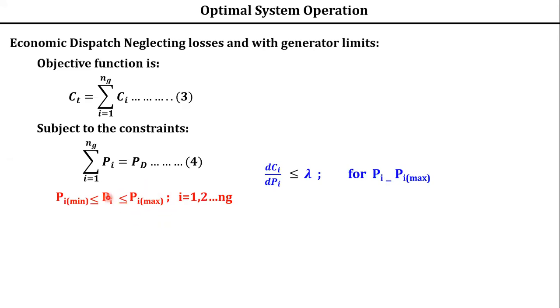Now the calculated value of Pi you got is 110 megawatt. What are you going to do? Pi calculated is 110 megawatt, Pi maximum is 100 megawatt. So the calculated value of Pi violated the maximum bound, the upper bound, the upper limit, you can call it any way.